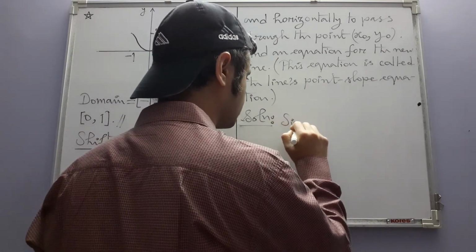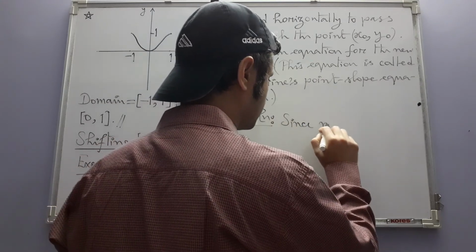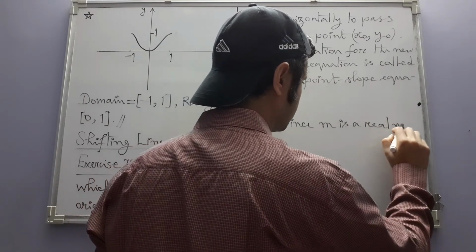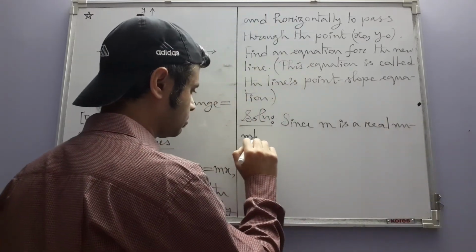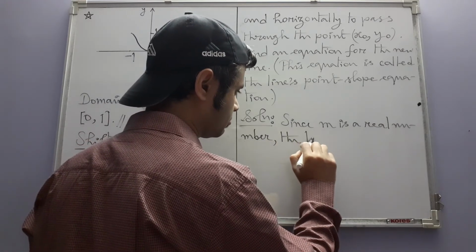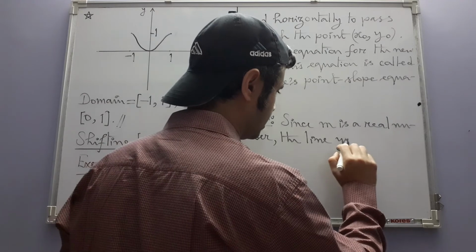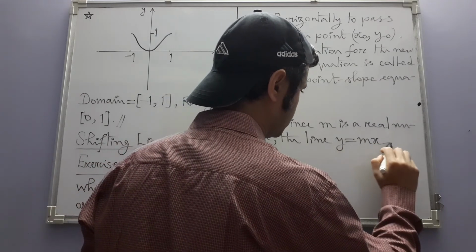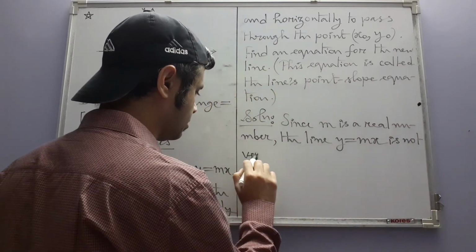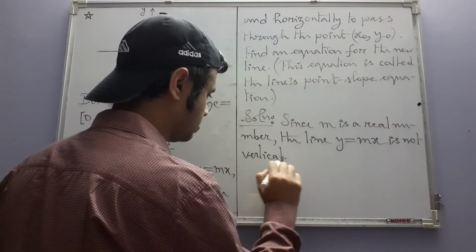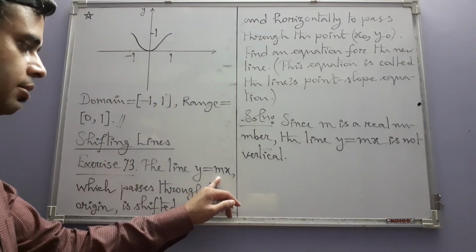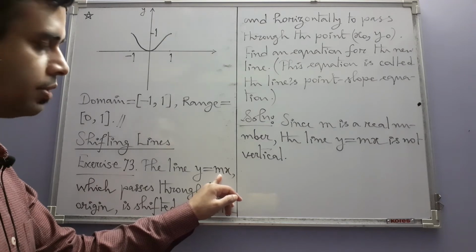Since m is a real number, the line y equal to mx is not vertical. You can make this line very steep by choosing a large value of m.